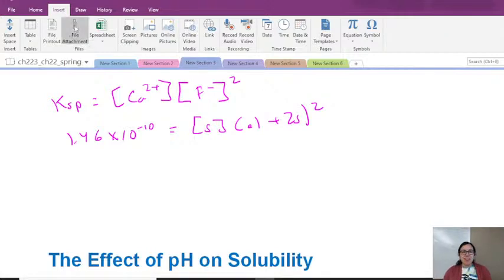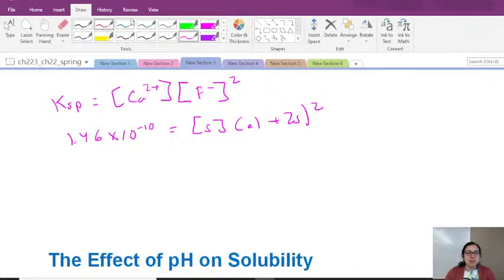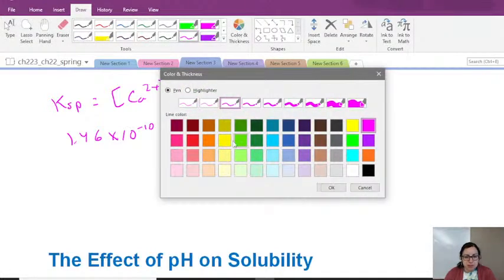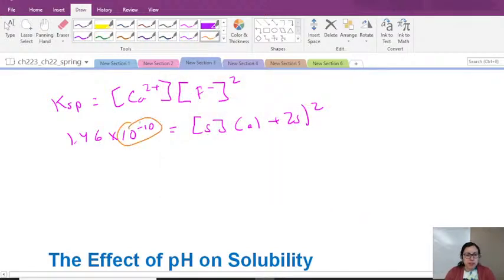We can always make an assumption and go back if it turns out to be too large. But this is our good clue that we can assume that S is much smaller than 0.1. That gives us easier math: S times 0.1 squared is equal to our Ksp.